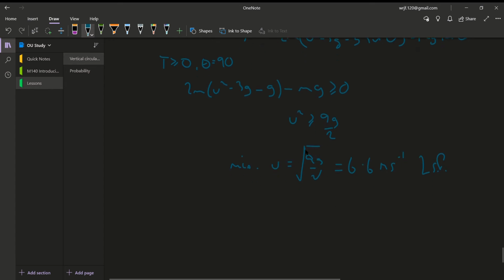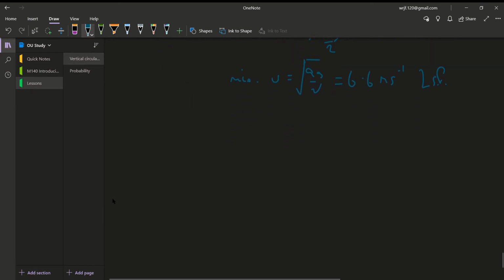It's worth having this exact version as well. I suspect we might need it in the second part of the question, and if we'd used 6.6 we'd get all kinds of inaccuracies, so it's worth having the more algebraic exact version of u.